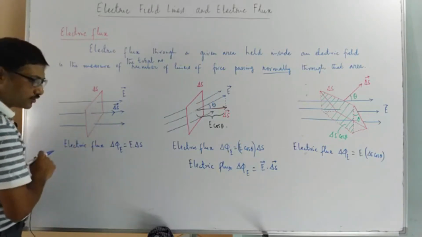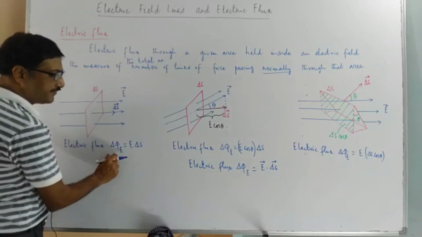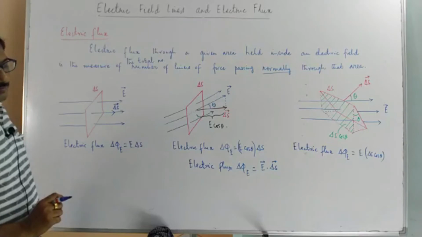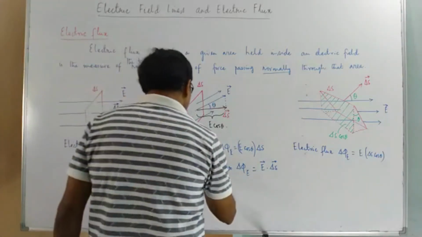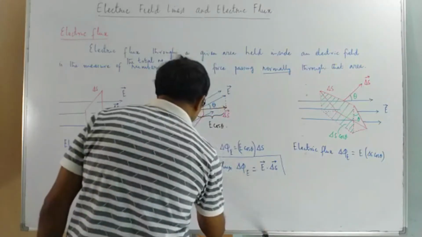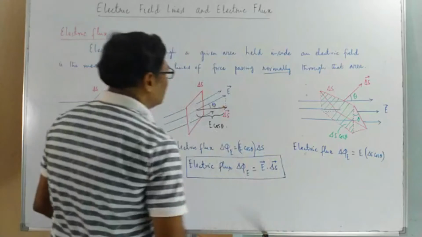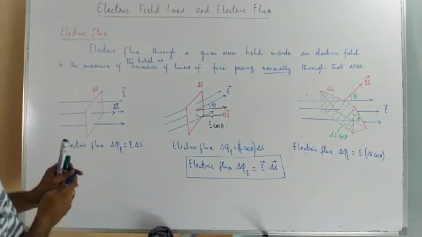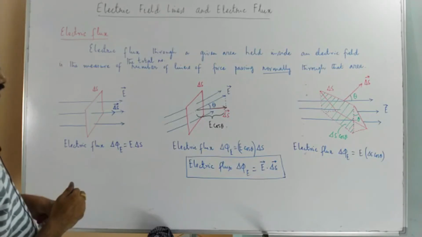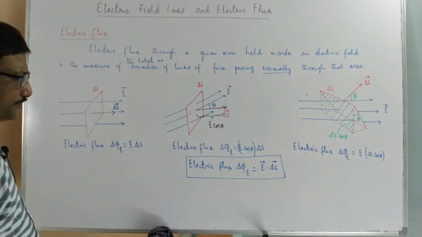In that case, cos 0 is equal to 1, and that is why you are getting delta phi E is equal to E into delta S. So this is the general expression for electric flux through any given area. Okay?